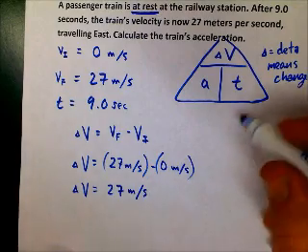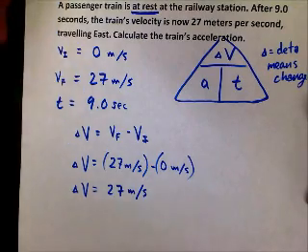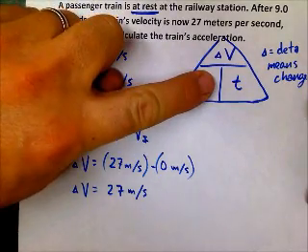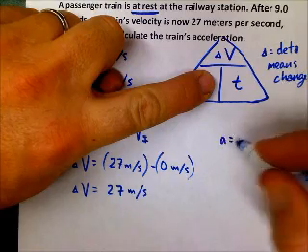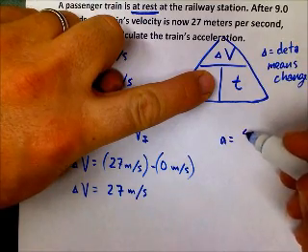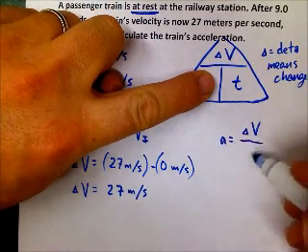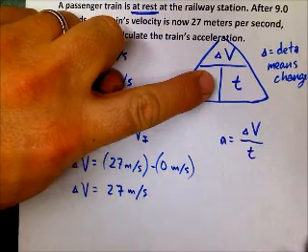So now over here, we're going to go find out what our equation should be. We're going to cover up the thing we're looking for. So we cover up acceleration, and we have a formula which is now a equals change in velocity divided by time.